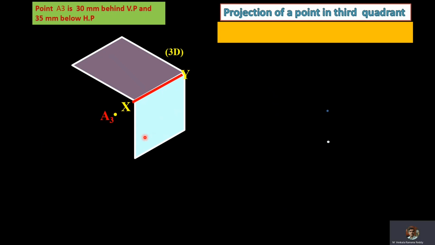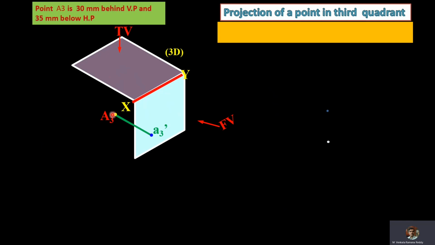Point A3 is 30 mm behind VP and 35 mm below HP. This is the direction of the front view. So in the case of front view, we'll see the distance of the point from the horizontal plane, and the front view is projected onto the vertical plane, say A3 dash.